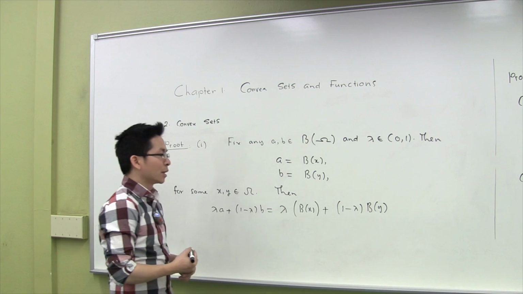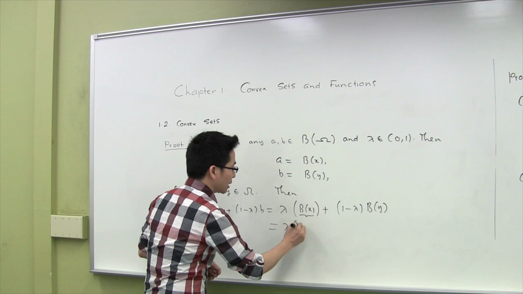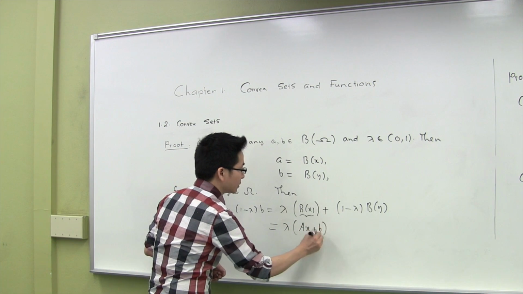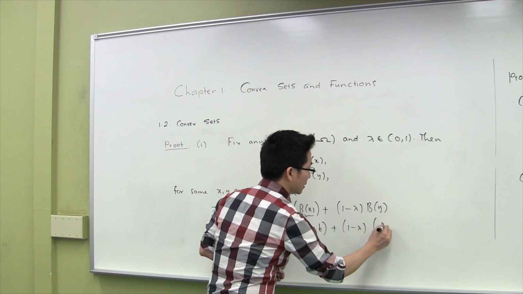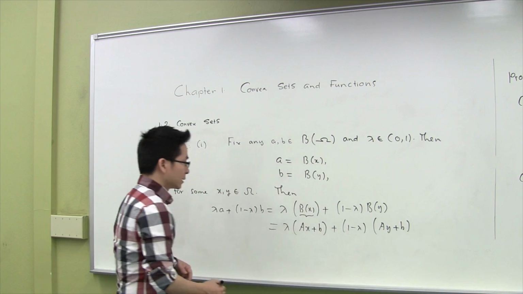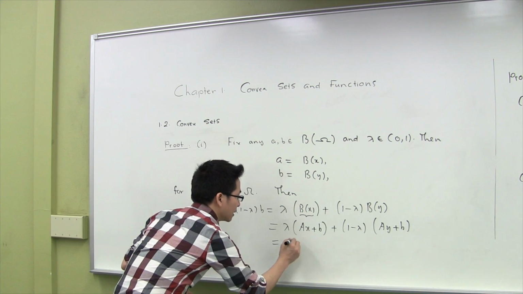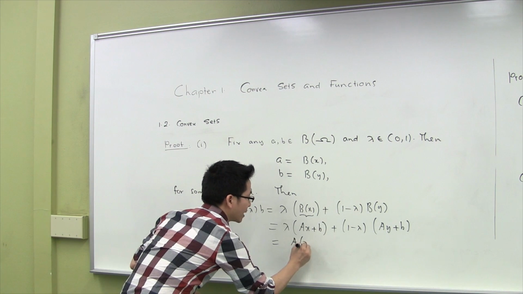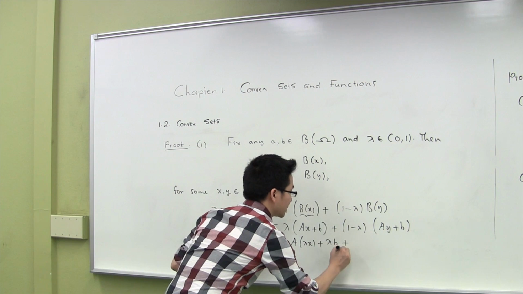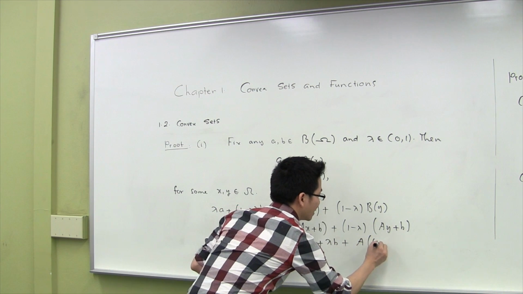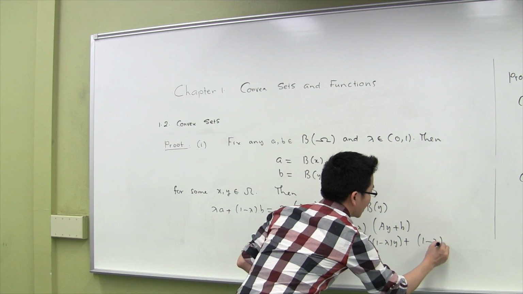Now by the definition, B(x) is equal to Ax plus b, and B(y) is equal to Ay plus b. So it is easy to see that this is just A times lambda x plus lambda b, and here it is A times 1 minus lambda y plus 1 minus lambda b.